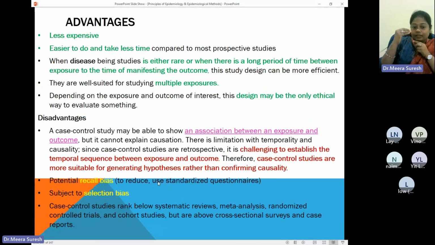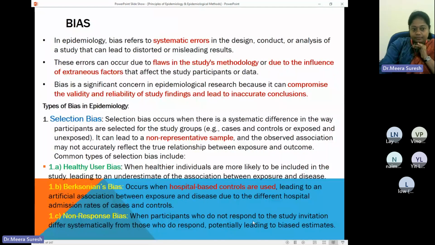So this will be lower than systematic review, meta-analysis, RCT, and cohort study, but above cross-sectional surveys and case reports, if you remember that triangle. So that is about the case control study.